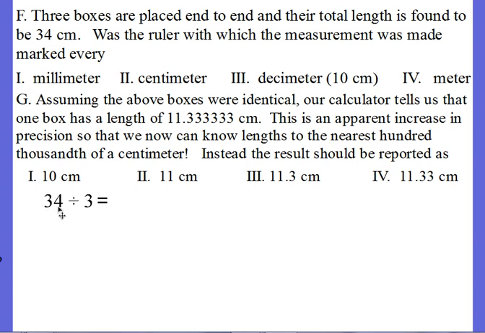I measured the 34. And so that 3 is known to unlimited precision. There were exactly 3 boxes. 3 and no tenths, 3 and no hundredths, 3 and no thousandths boxes, exactly 3 boxes. And so this one would be what would determine the precision to which you knew the answer.